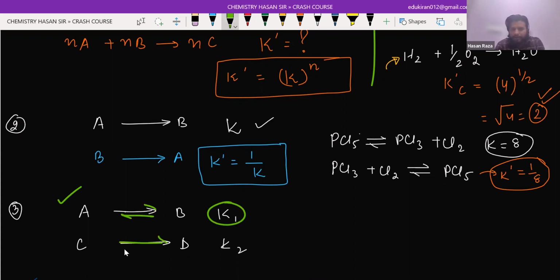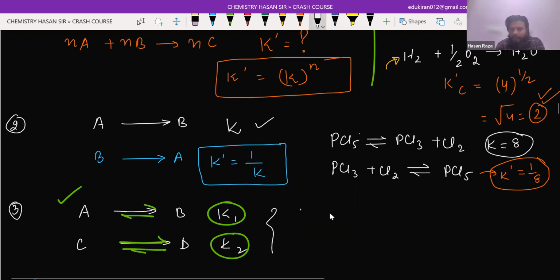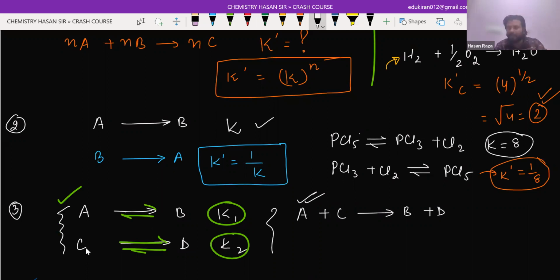Okay. So there is a reaction A that gives you B, which has equilibrium constant K1, and there is a reaction C that gives you D, which has an equilibrium constant K2. Now there is another reaction given: A plus C that gives you B plus D. That means you got this reaction by adding these two equations.